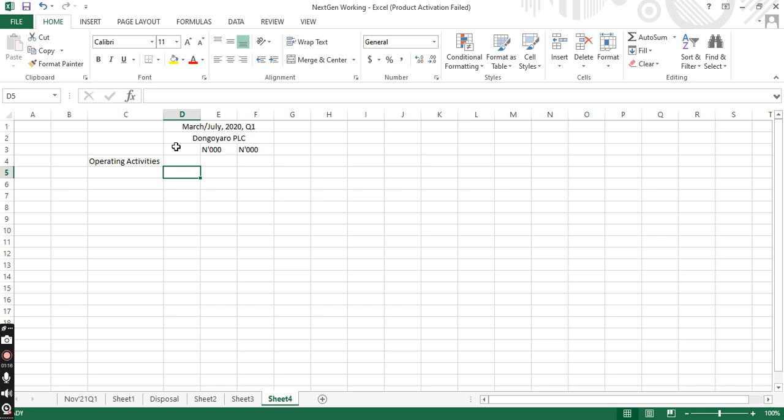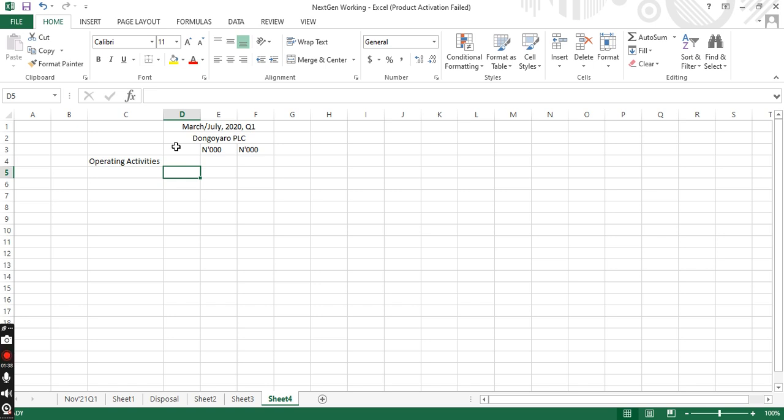Now, interest received is automatically an investing activity.